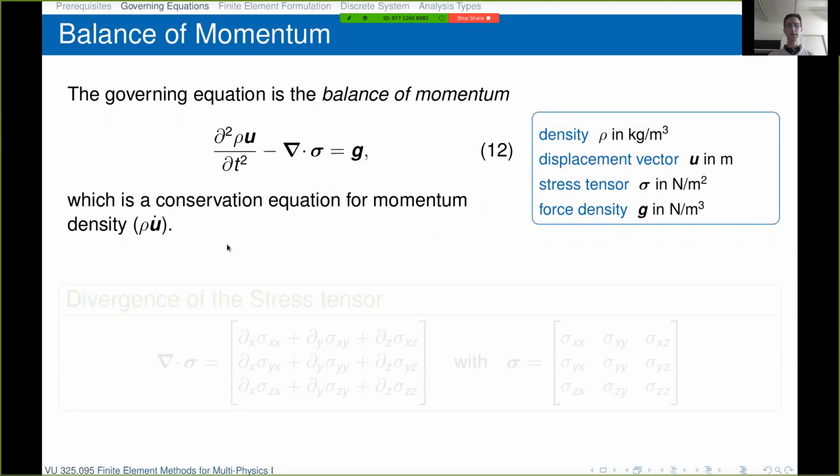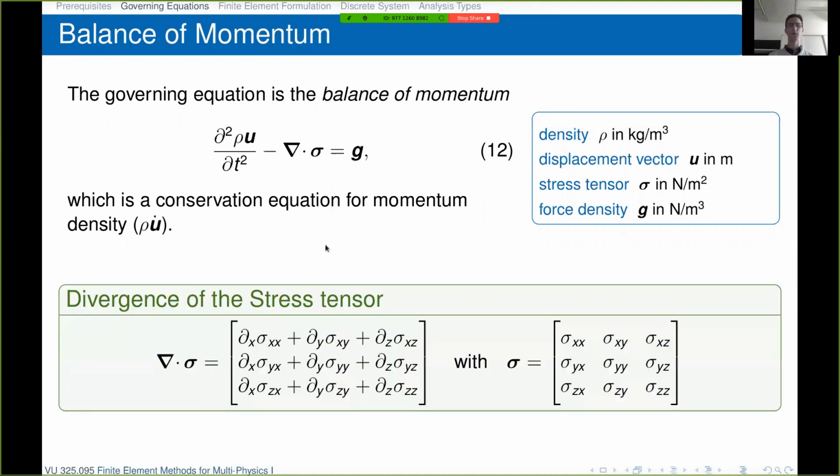So let's look at the expression here. We have the divergence of the stress tensor. How do we build the divergence of a tensor? The rule is given here. Basically, this rule applies for the inner product of the nabla operator, which is a vector valued operator, with the stress tensor. And this you obtain by doing the sum product in the respective dimensions.